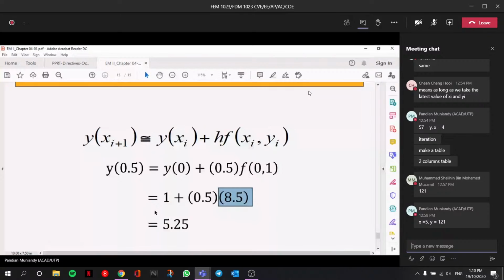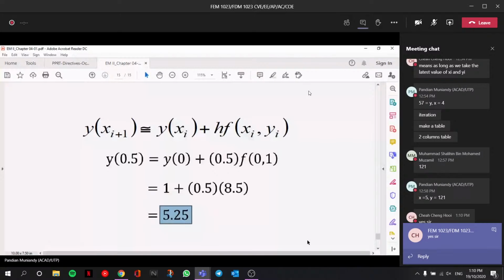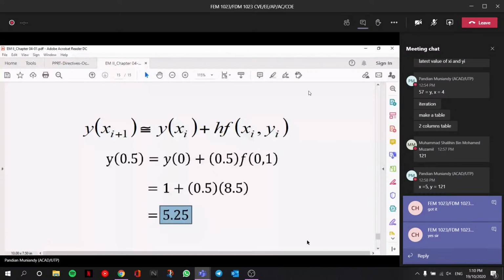Can you get 5.25? Can you check that? So your y1 is 5.25.